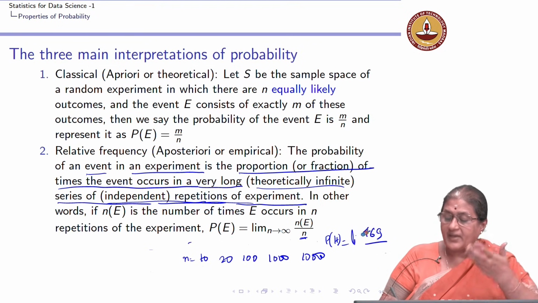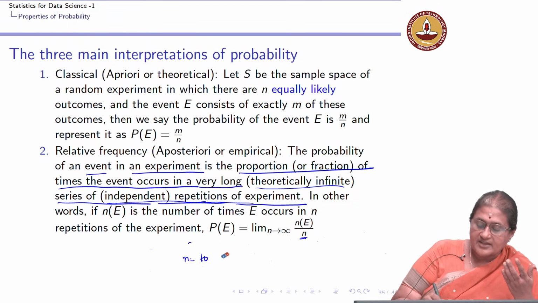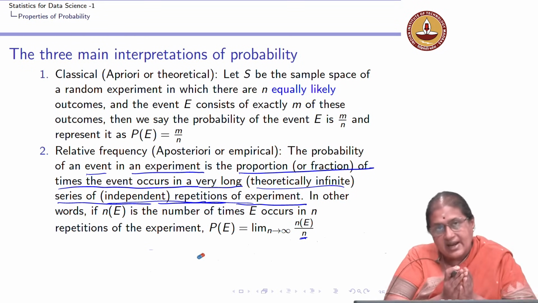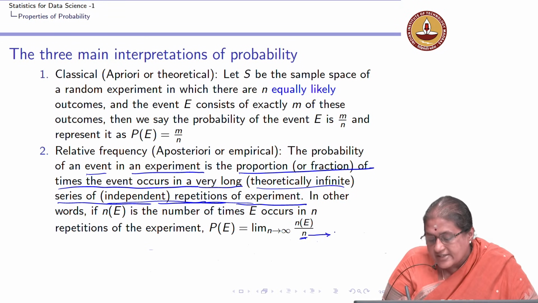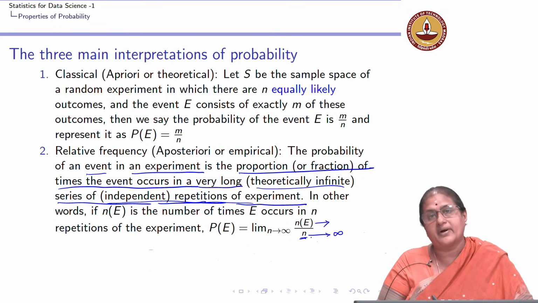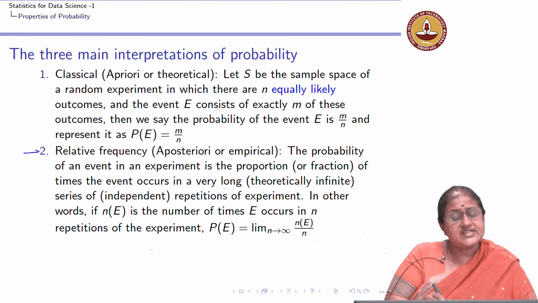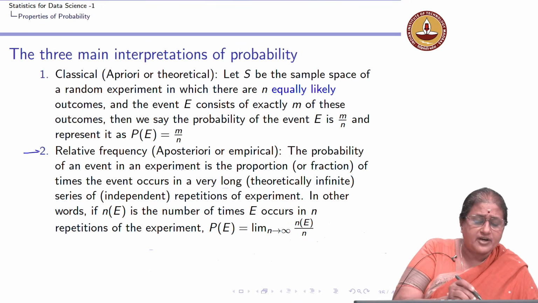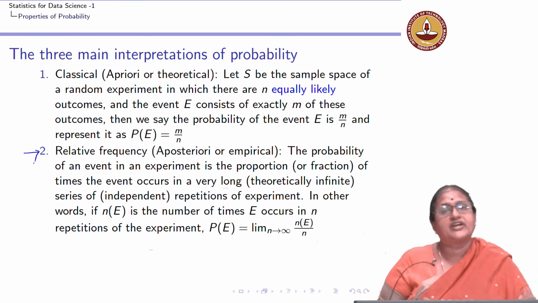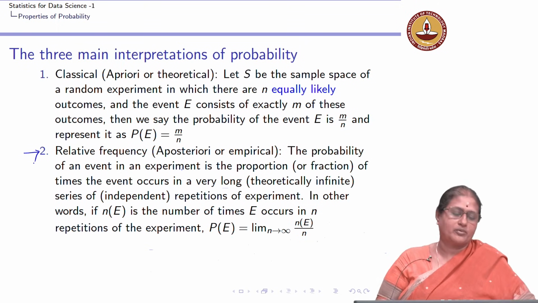I keep repeating the same experiment, and we can see that as this number increases or tends to infinity, this tends to a particular value. This is what is popularly referred to as the relative frequency, frequentist approach or the empirical approach to compute probabilities.